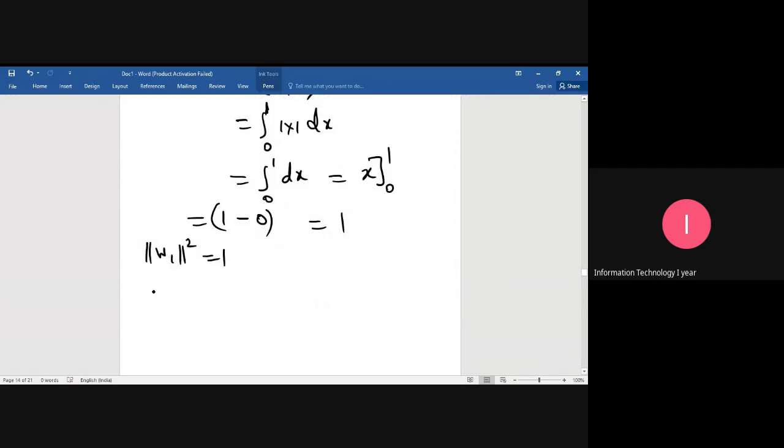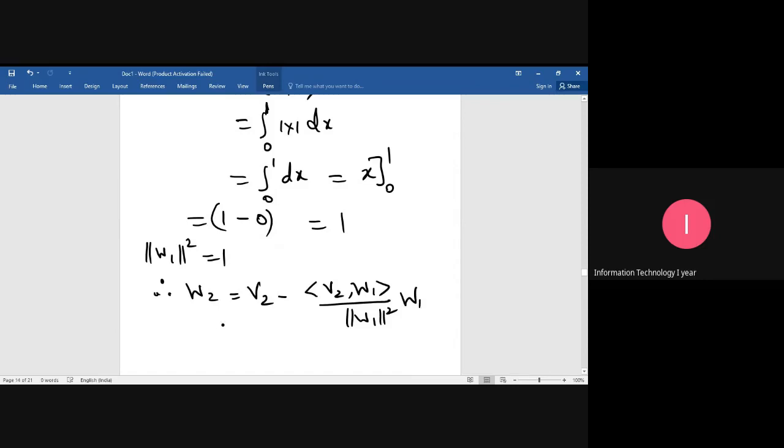Okay. So we calculated the inner product of v2 comma w1, and also norm w1 square. Therefore, write the answer for w2. The formula says w2 is v2 minus the inner product of v2 comma w1 by norm w1 square into w1.